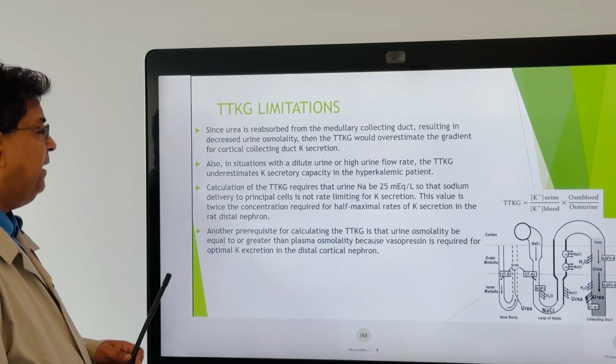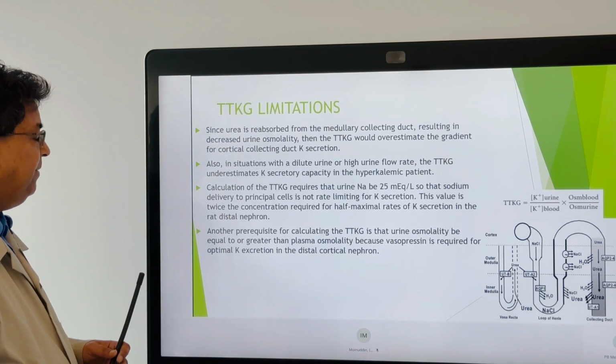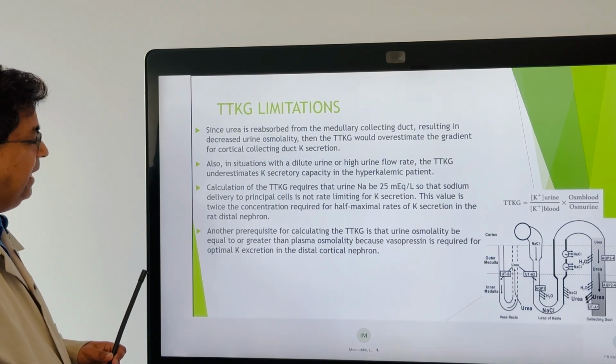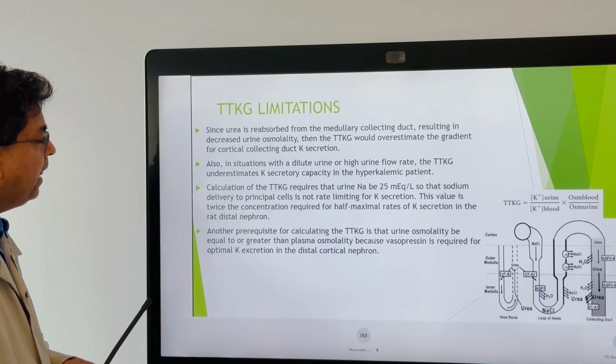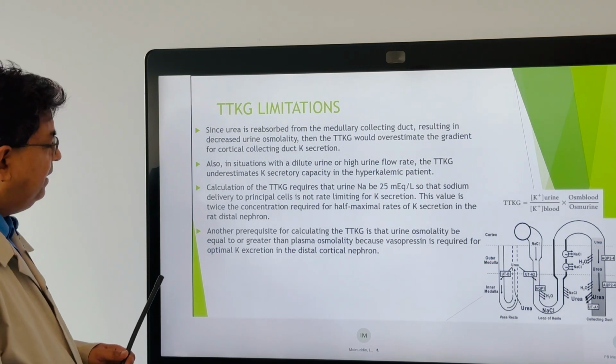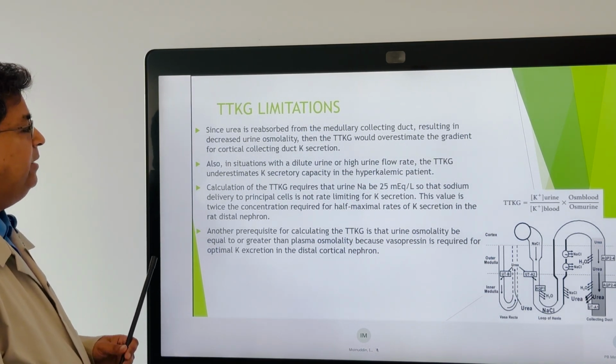Also, in situations with a dilute urine or high urine flow rate, the transtubular potassium gradient underestimates potassium secretory capacity in the hyperkalemic patient.